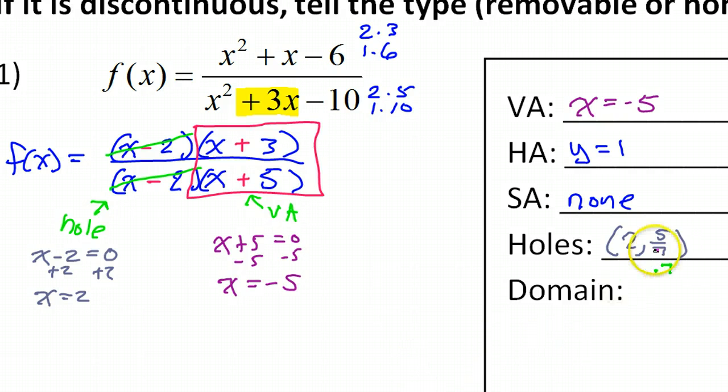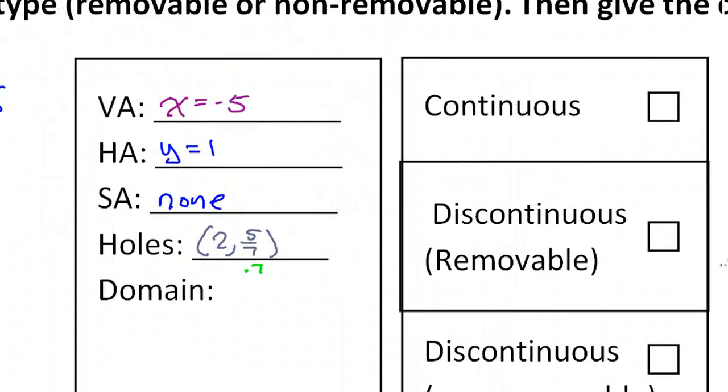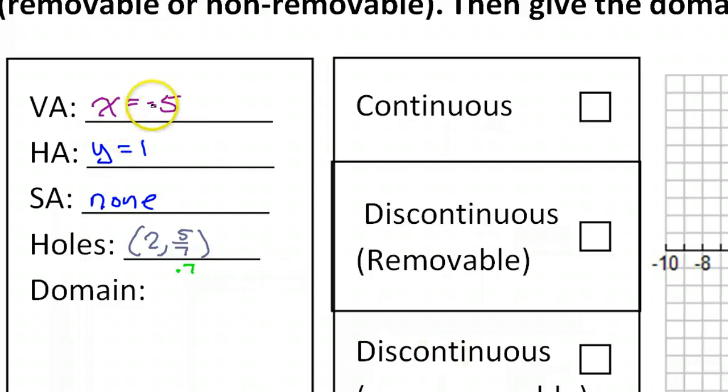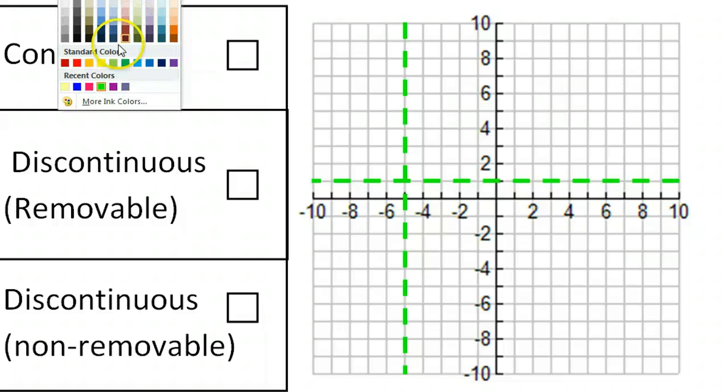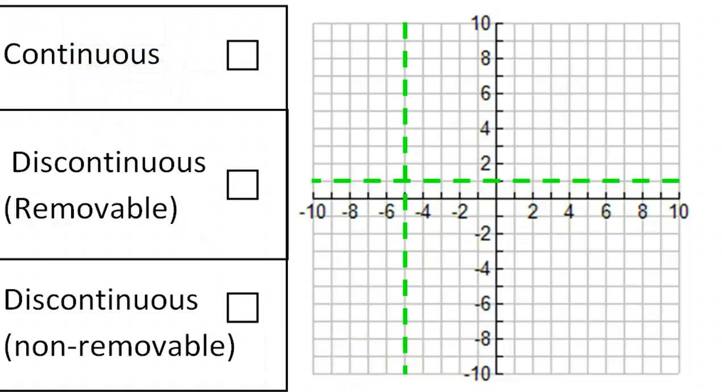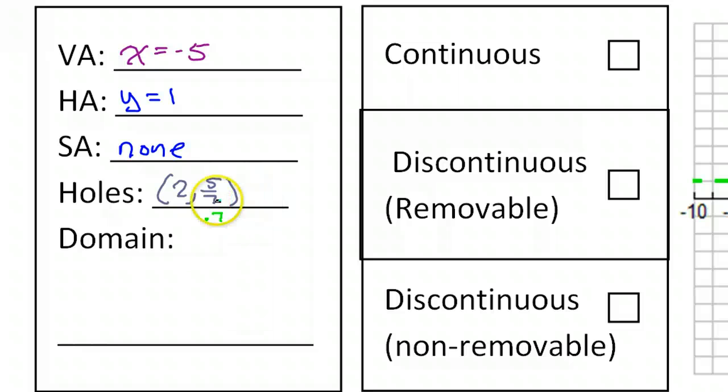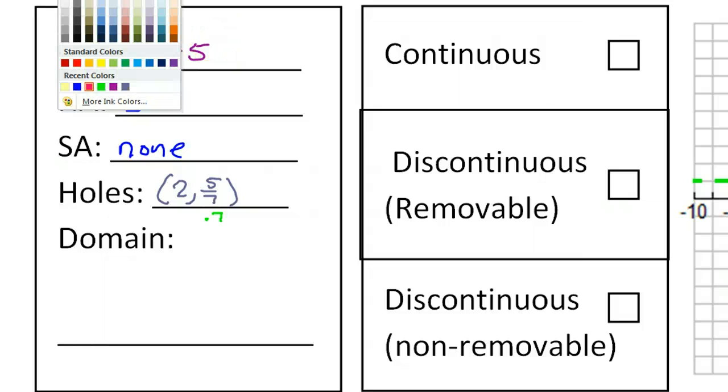Now let's graph the stuff that we have here so far. We have a vertical asymptote at -5 and a horizontal asymptote at 1. Let's graph that. Okay, so my asymptotes are like this. Also, let's go ahead and graph this hole. So I'm going to have a hole at 2 comma 0.7.